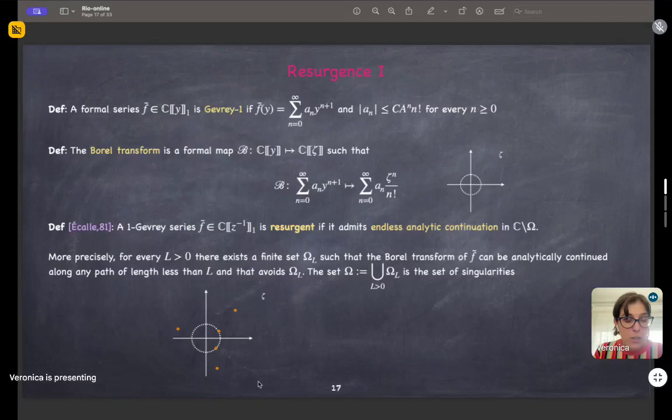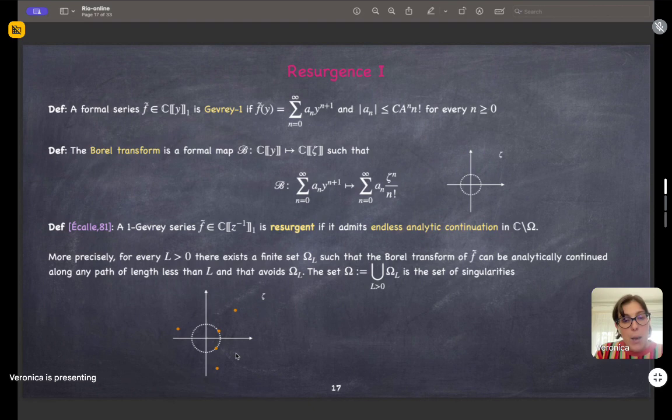The function that you are constructing might be super complicated and defined on a very convoluted Riemann surface. But that's the idea: if it's resurgent, you can always escape and do the analytic continuation toward infinity. The set of singularities might also be dense, but that's not a problem, because the important point is that at each step, you only see finitely many singularities. And so you can escape. That's somehow the idea of resurgence.